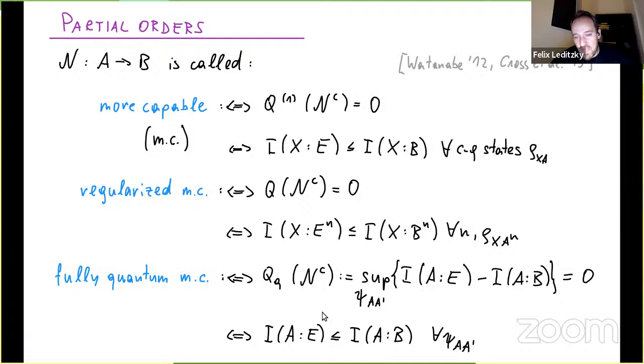And then we again have to satisfy this inequality of mutual informations. And there you can also define a corresponding information quantity, which you don't want to call QE because it's not the entanglement-assisted quantum capacity, but it's this quantum version of this entanglement-assisted private information that we talked about before, where you take a bipartite pure state, send half of it through the channel, and then you look at the difference of the mutual informations and optimize.